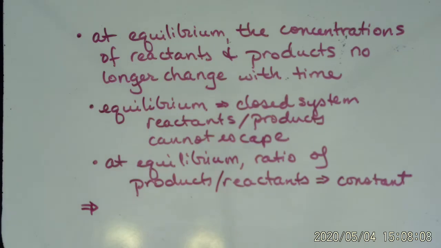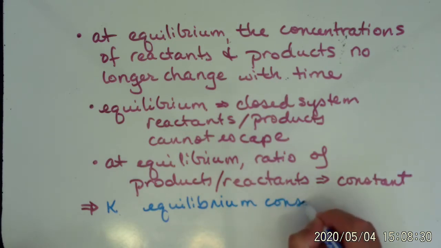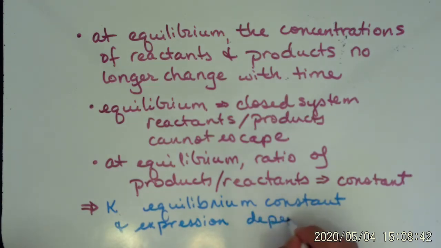properties. Again, we're going through the properties of equilibrium and how to calculate equilibrium. So, the last property is, if you notice from our expression, that our equilibrium constant and the expression products over reactants depend only on stoichiometry.